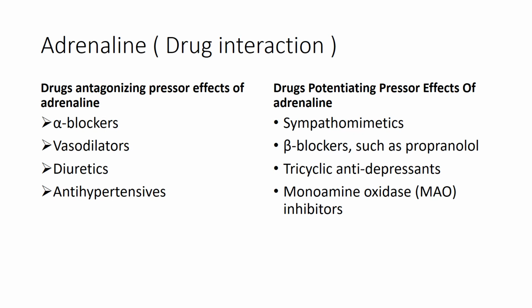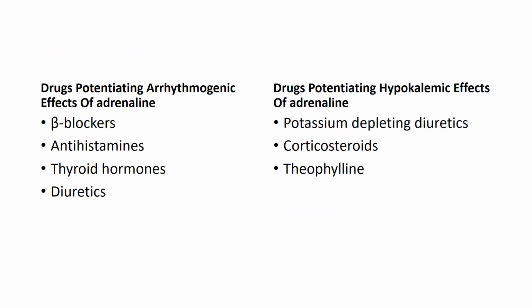Adrenaline has a certain degree of drug interaction. Drugs such as alpha blockers, vasodilators, diuretics, and antihypertensive drugs can antagonize the pressor effect of adrenaline. Drugs such as sympathomimetics, beta blockers, tricyclic antidepressants, and monoamine oxidase inhibitors, on the other hand, can potentiate the pressor effect of adrenaline.